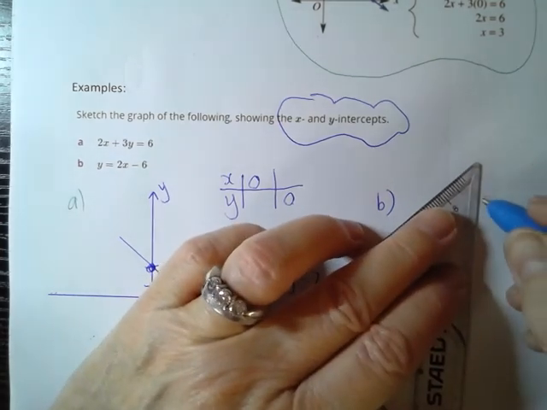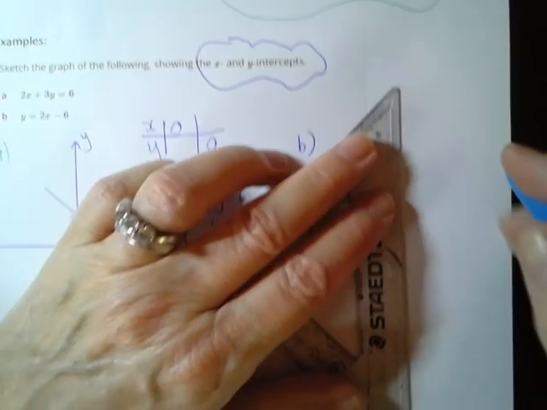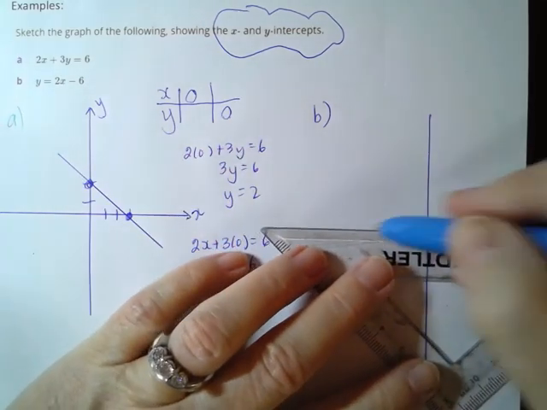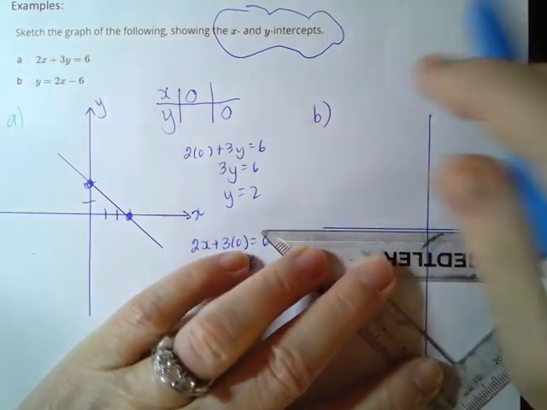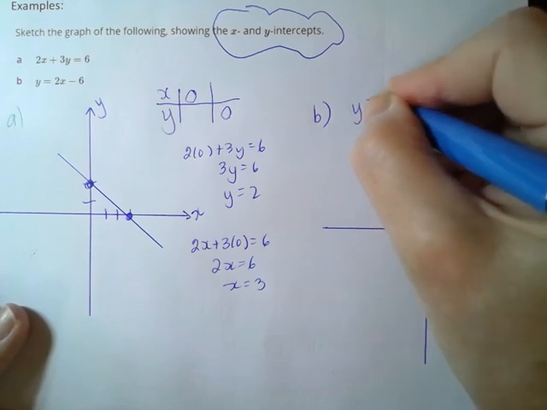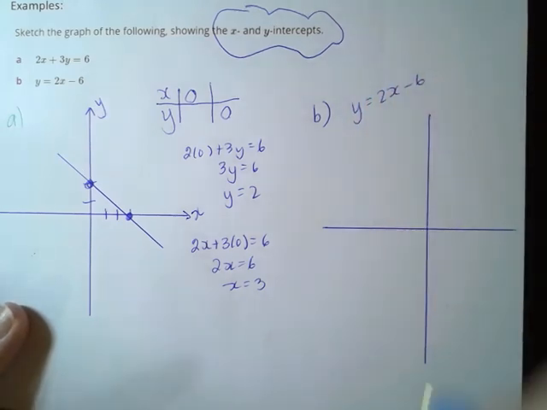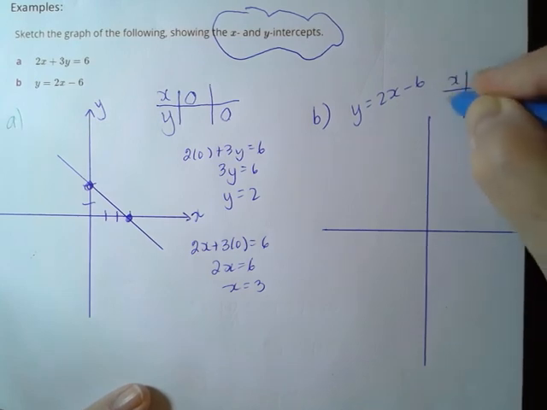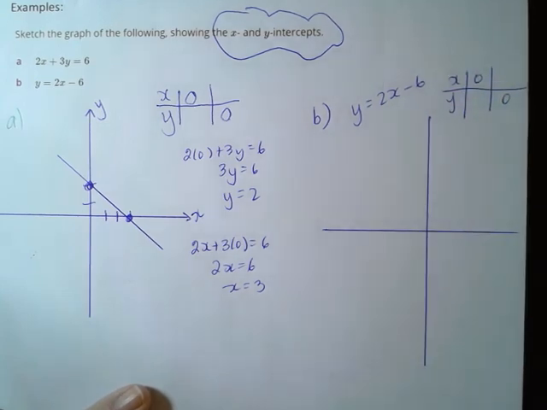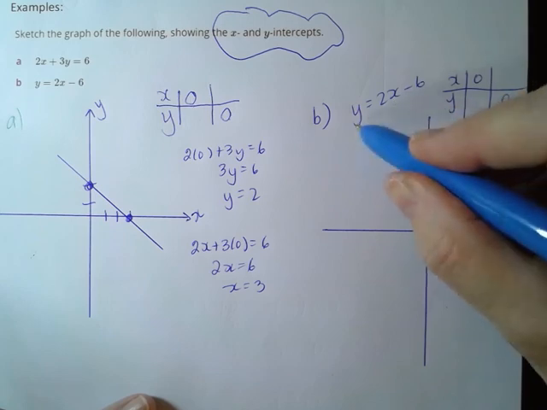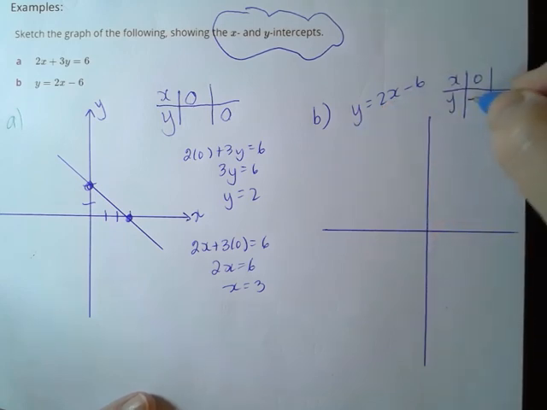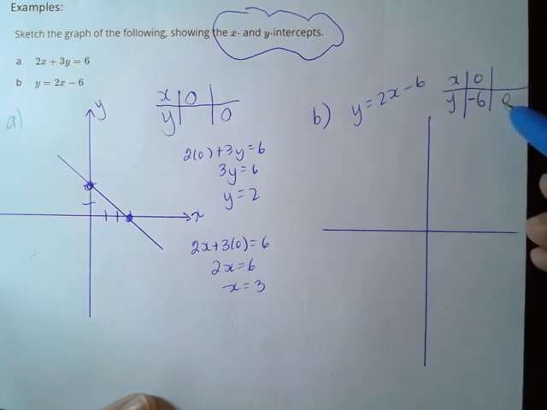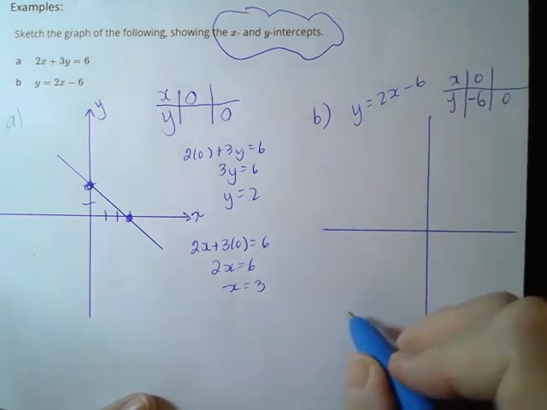This one's just set up a twidge harder. I might scooch up a little bit, and I'll write the problem again for you if you can't see it. The problem says y equals 2x minus 6. So I'm going to use my little table of values, x, y. When I put 0 in for x, I get y equals negative 6. I think you can see that. We talked about that being the y-intercept anyway. Now putting 0 in for y means I'm going to have to do some algebra.